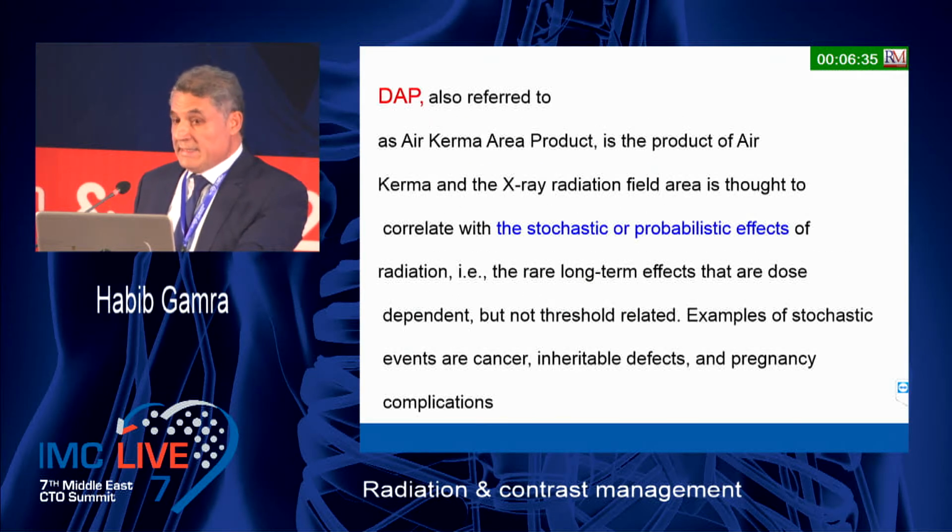DAP, however, also referred to as air kerma area product, is the product of air kerma and the extra radiation field area, and is thought to correlate with the stochastic or probabilistic effects of radiation, that is the rare long-term effects that are dose dependent, but not threshold related. Examples of those effects are cancer, inheritable defects, and pregnancy complications.